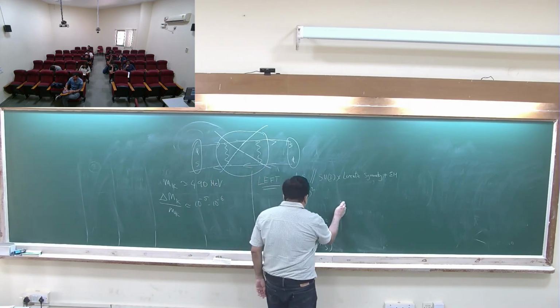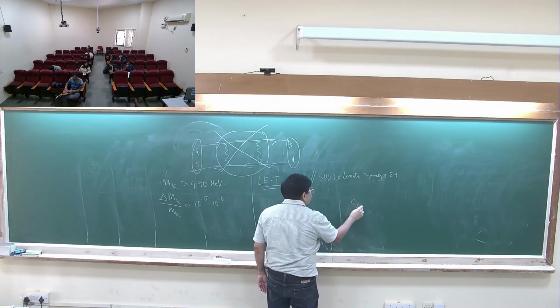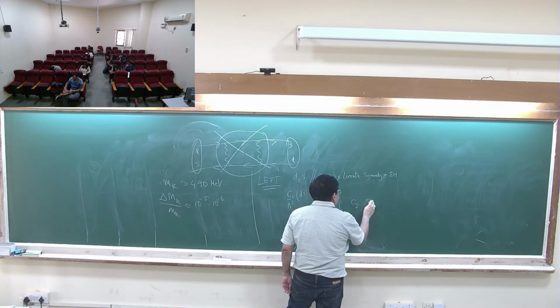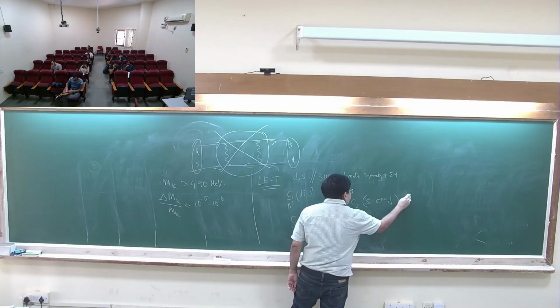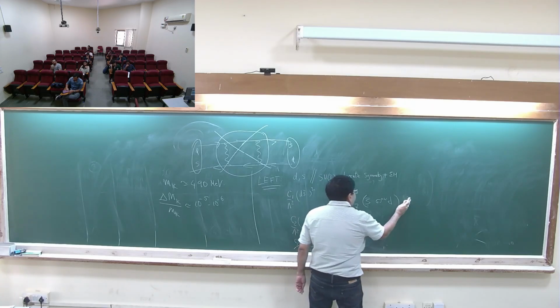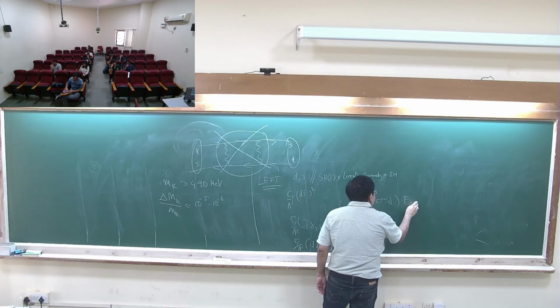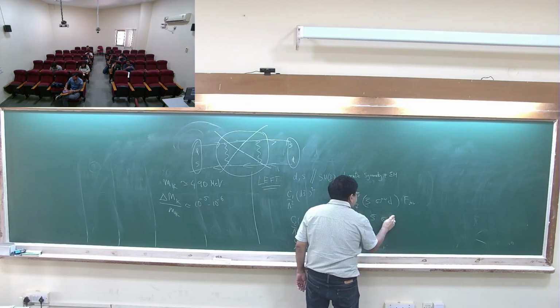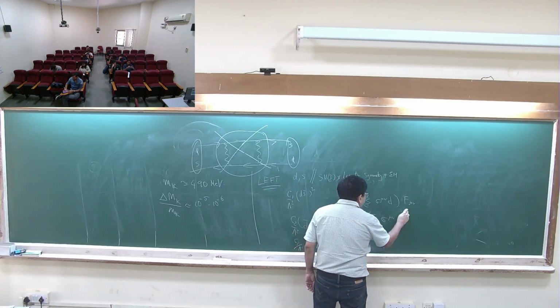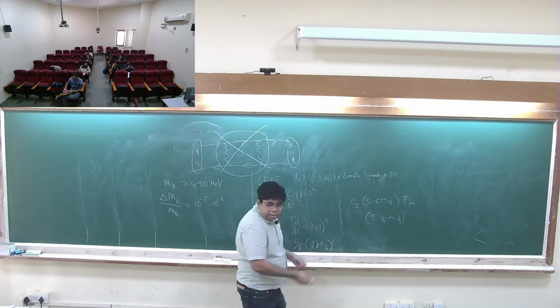And then you write down all possible operators, C7, s bar sigma mu nu d F mu nu. You can write F mu nu, or you can write s bar sigma mu nu d squared.